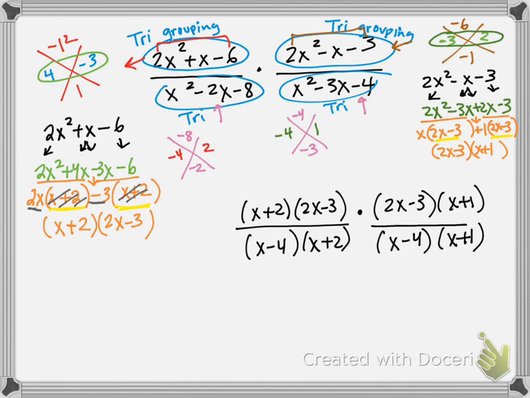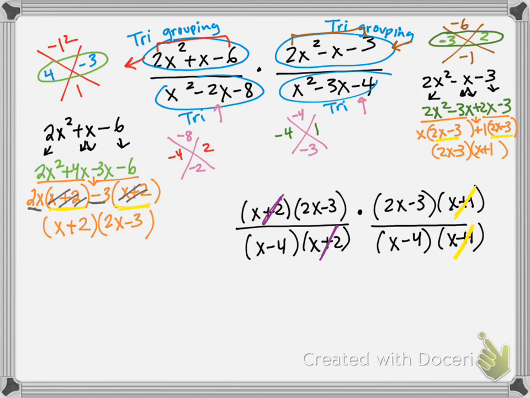All right, now that I have everything set up, I'm going to look for any pairs in the numerator and denominator that match. So x plus 2 over x plus 2 divides as 1, so I could cross those out. I have x plus 1 over x plus 1, that divides as 1. That's it.